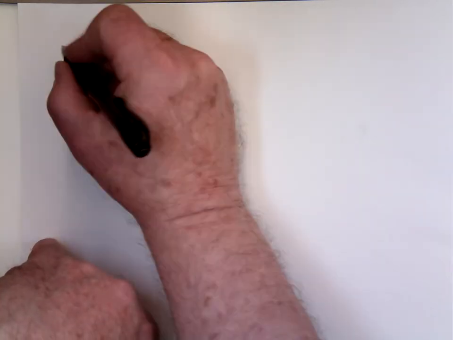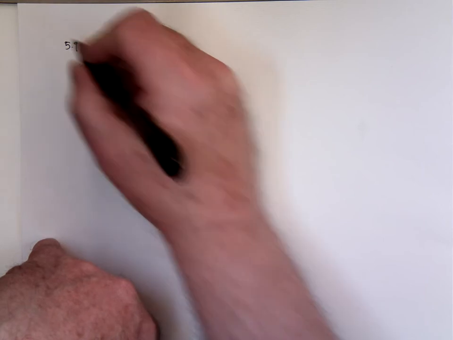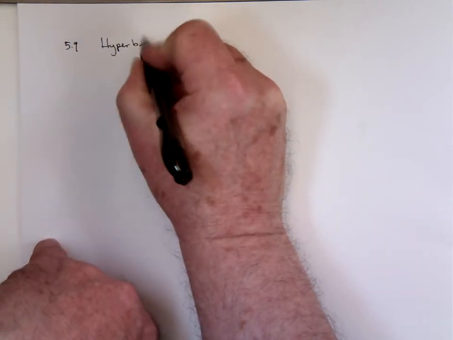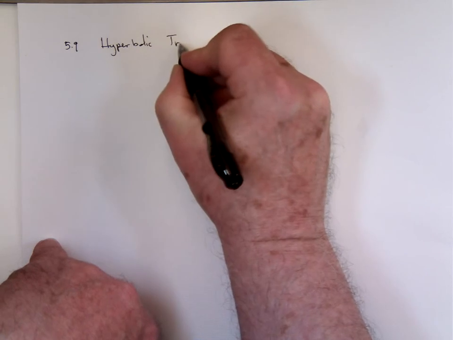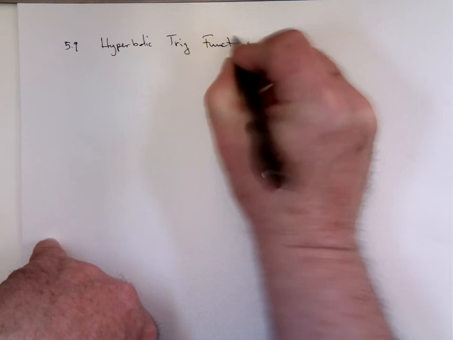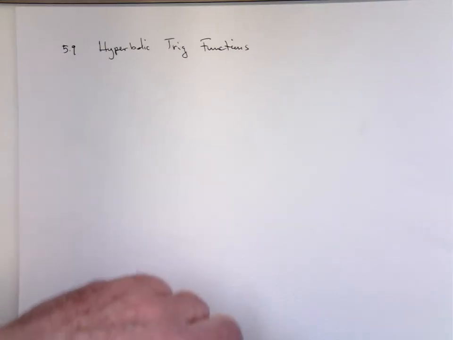5/9 is on the hyperbolic trig functions. Whoa, man, this sounds cool. And actually, there are a class of problems for which the solutions are forms of the hyperbolic trig functions.